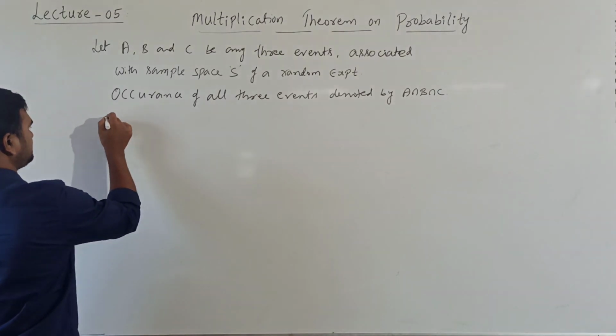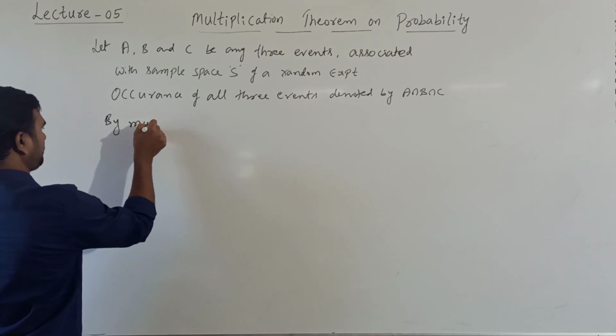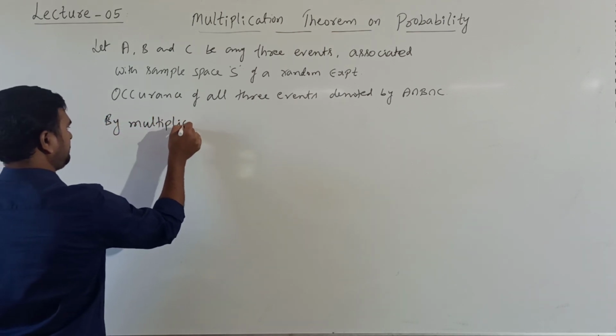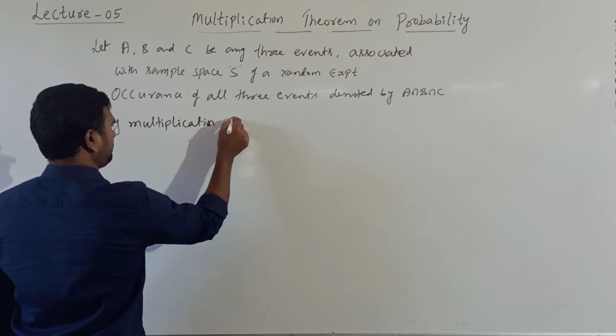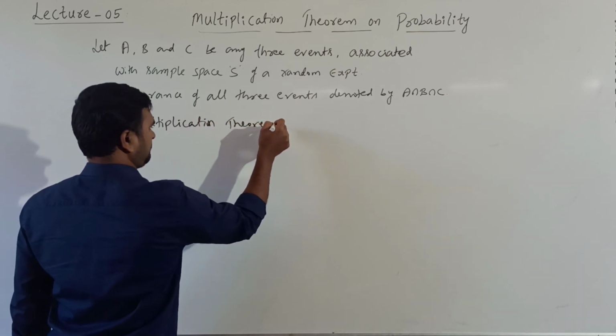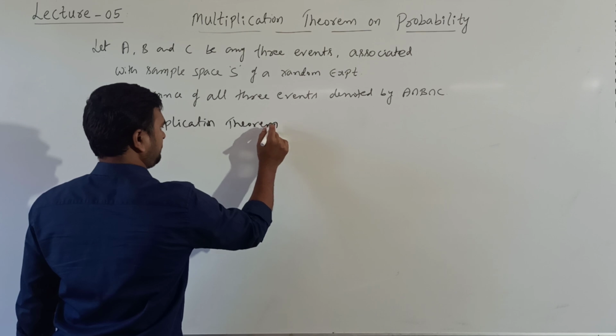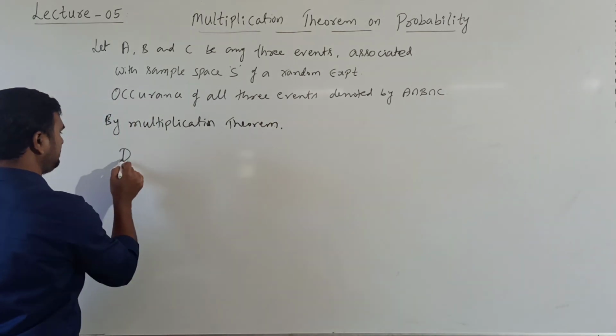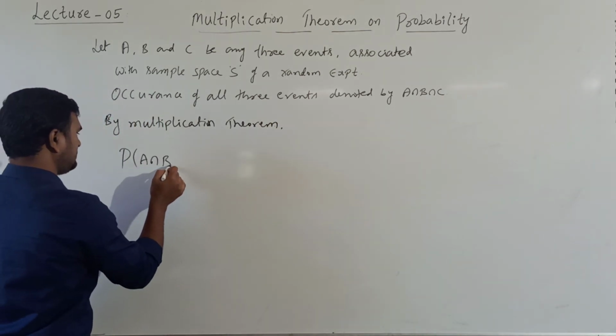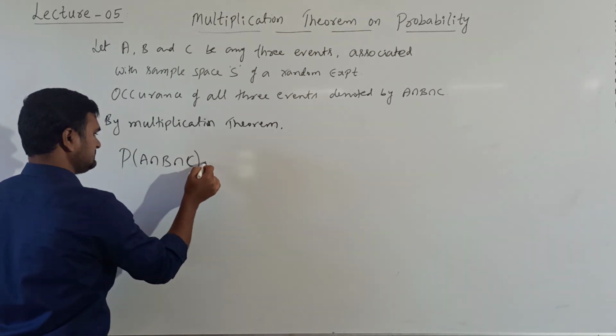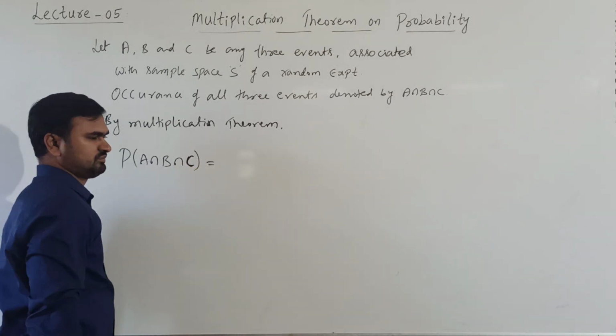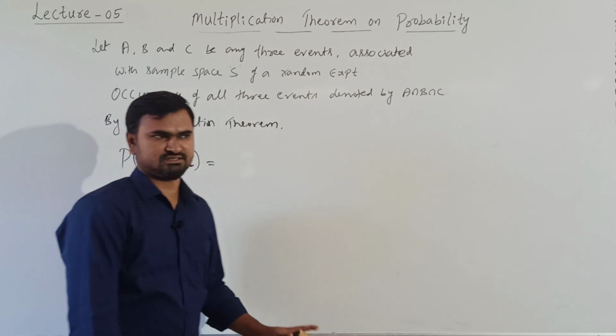So by the multiplication theorem, we can write P of A intersection B intersection C as follows. Observe how we can write this.